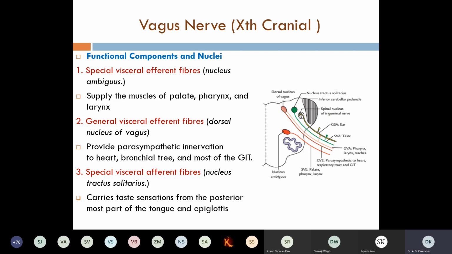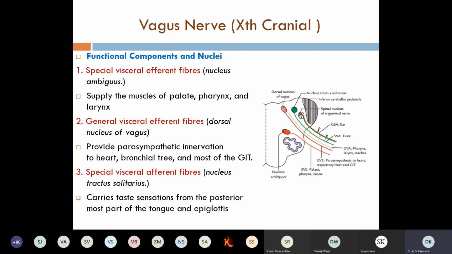Now here, the special visceral efferent, I said it is the nucleus ambiguus, which supplies the branchial apparatus muscles. General visceral efferent fibers come from the dorsal nucleus of vagus, and special visceral afferent from the nucleus tractus solitarius.